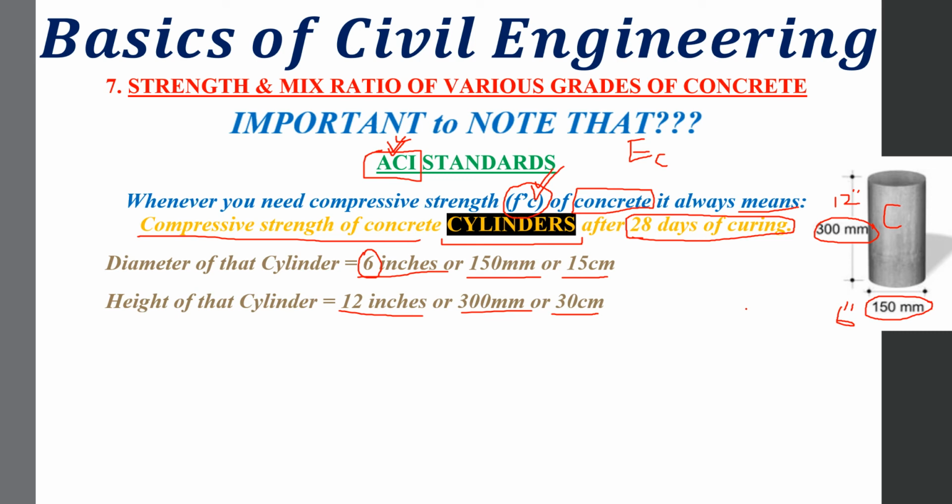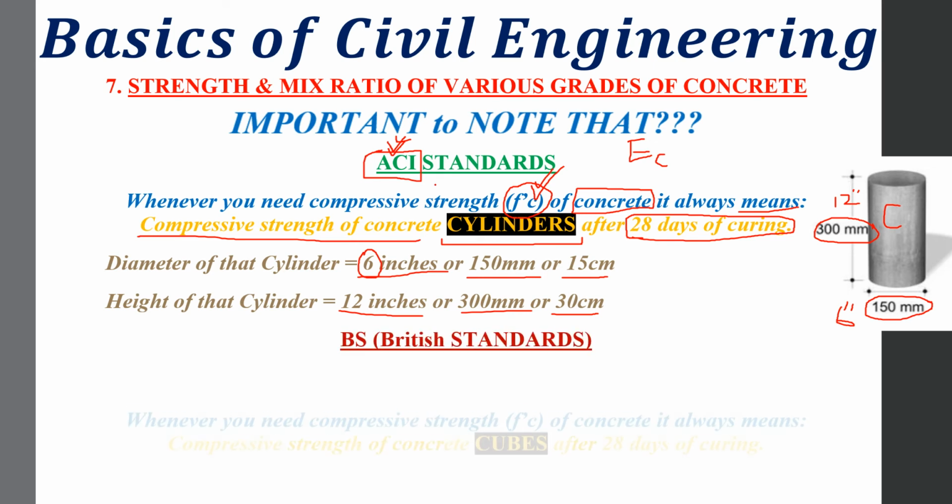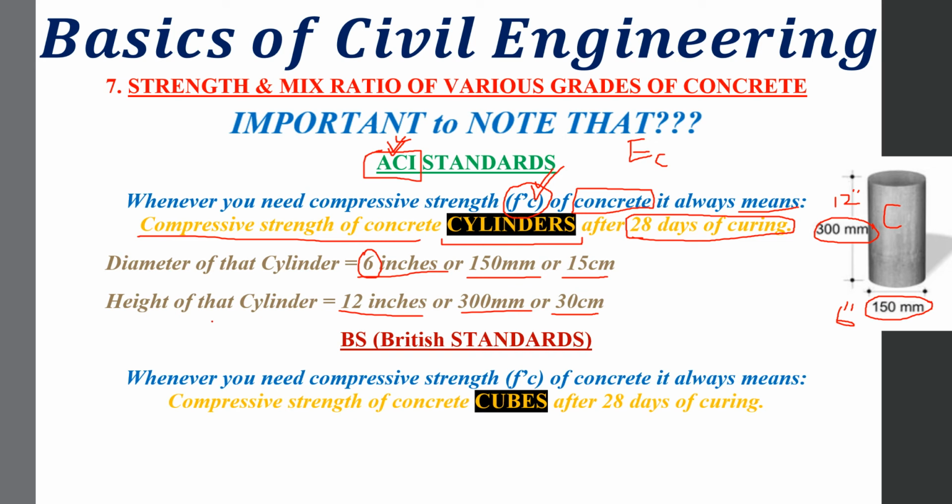So according to ACI standards, whenever you need FC prime, you have to test concrete cylinders after 28 days of curing. You will never test concrete cubes to get ACI strength or FC prime for ACI standard calculations. The second standard is the British standard, BS. For the BS standard, whenever you need compressive strength of concrete, it always means the calculation of compressive strength of concrete cubes.